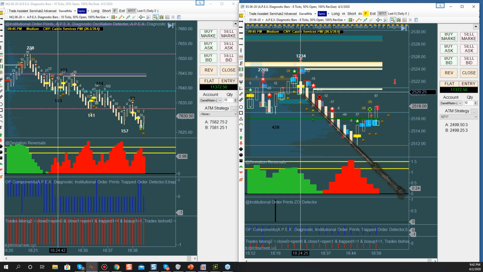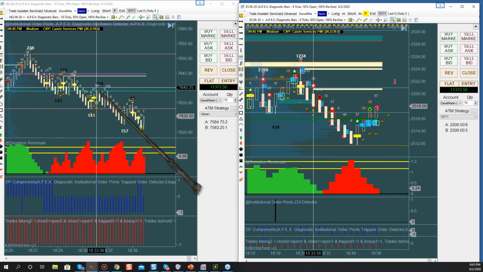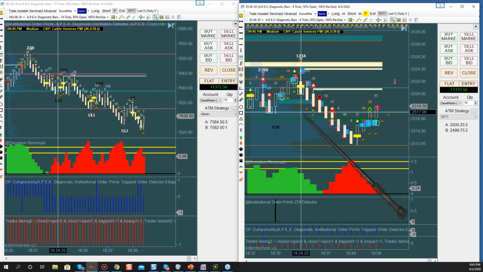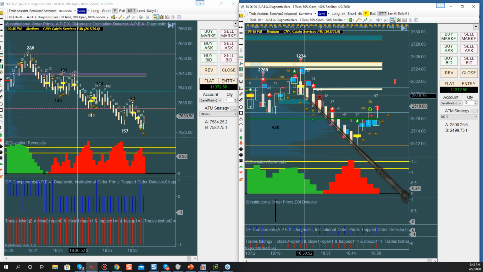What level do you see on the left side? You see an NQ wall, those blue or red lines that draw all the way to the side. Look at this wall right here. I get a setup to go short off of that wall.